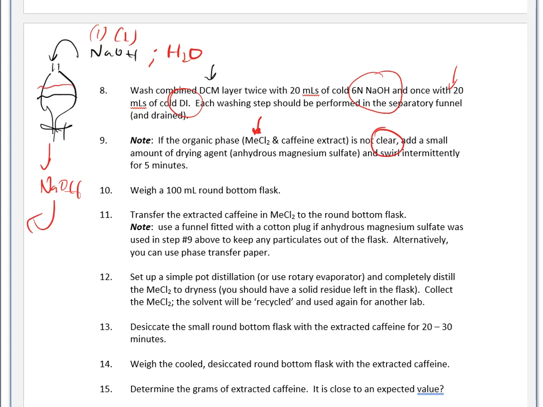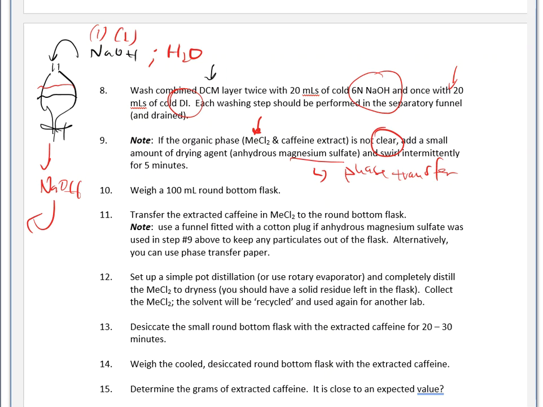Instead of drying agent, we also have some phase transfer paper. The phase transfer paper will allow all organics to go through, so the methylene chloride will be able to go through without a problem, and it retains behind any type of water that might still be in your solution.